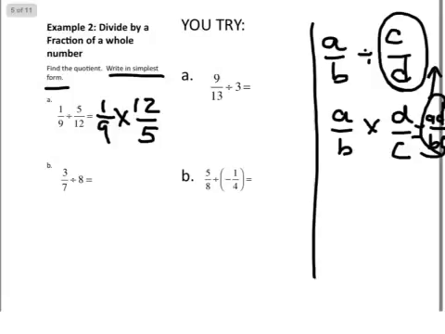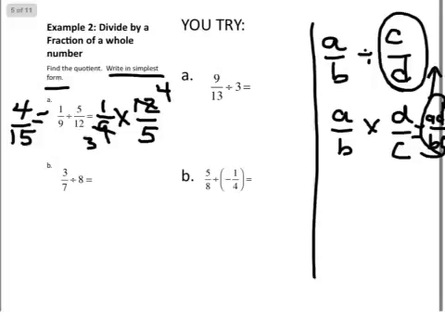An easier way to do that is to simplify. If we can cross cancel, we do that. I'm crossing out 9 and 12 because 3 goes evenly into both of those. 3 goes into 9 3 times, and 3 goes into 12 4 times. Now, when I multiply 1 times 4, I get 4/15, and because I successfully cross-canceled, it's already reduced. I'm in my simplest form.